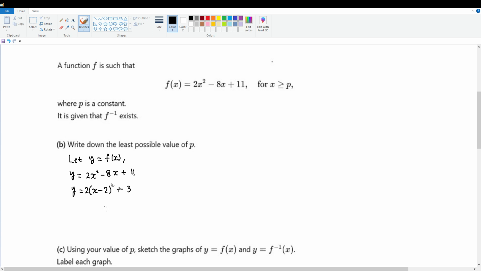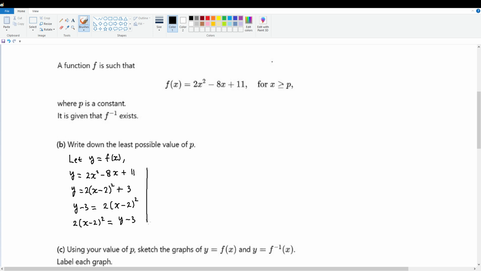After that, we can subtract both sides by 3 to make the (x minus 2) squared alone. Then we get y minus 3 equals 2 times (x minus 2) squared. To make it more clear, we can change the position, so 2 times (x minus 2) squared is on the left side, and y minus 3 on the right side.